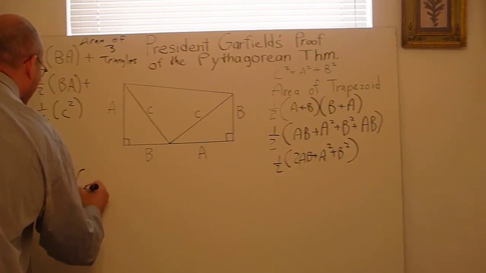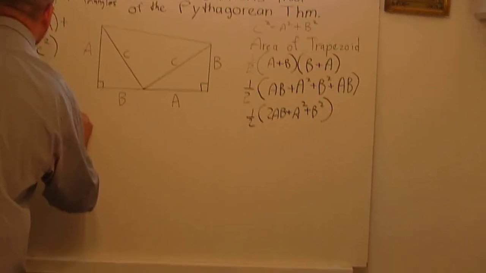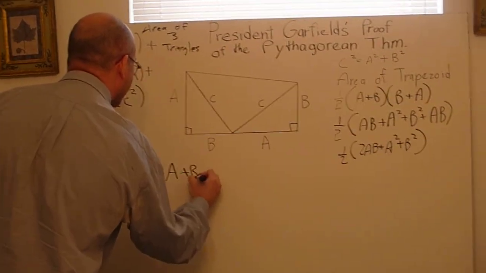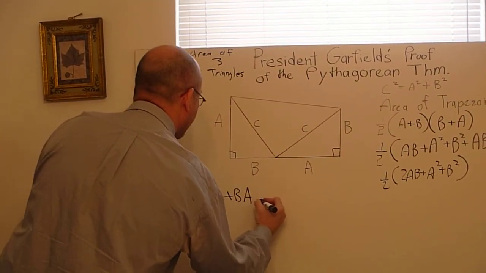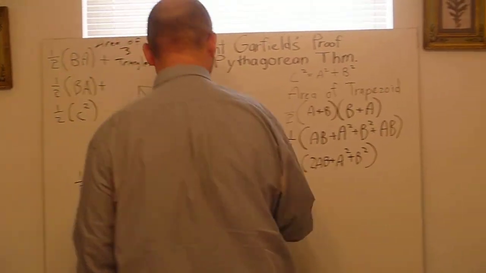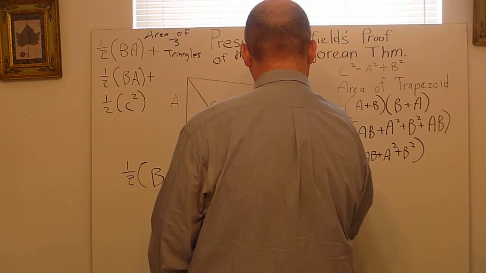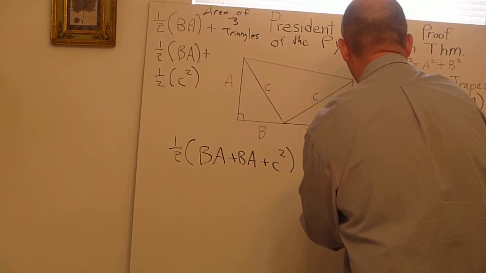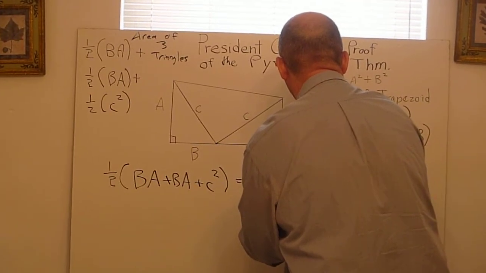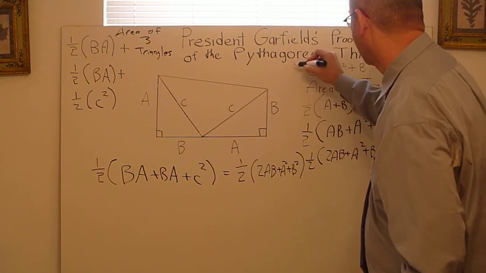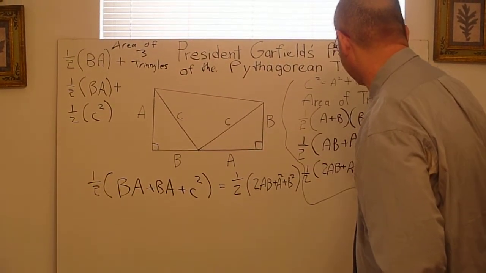We'll factor the 1/2 out of these three expressions. BA plus BA plus C squared. And we'll equate it to 1/2 over here, 2AB plus A squared plus B squared. Okay, let's just keep this separate here.